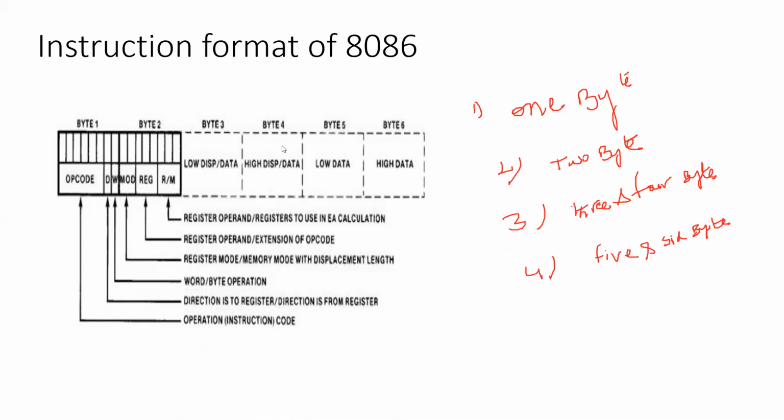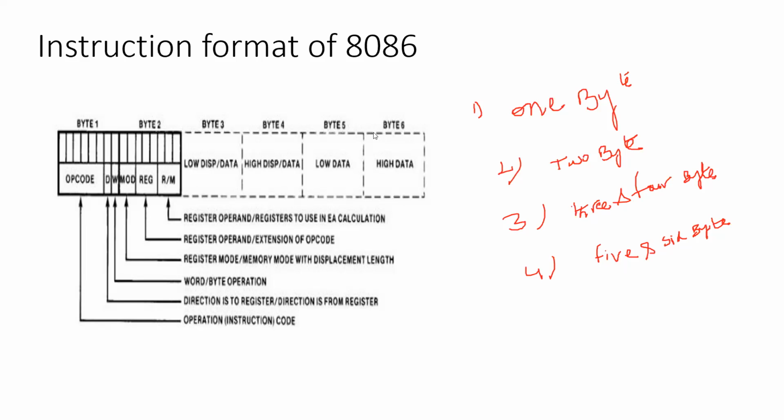So these two come under the same category, that is why they are categorized into one type, 3 and 4. Similarly, when you are working on extra data, if it is 8-bit data, you will have byte 5. If you have 16-bit data, you will have both byte 5 and byte 6. That is the reason why these two are categorized into a single group. So the classification is clear to you.